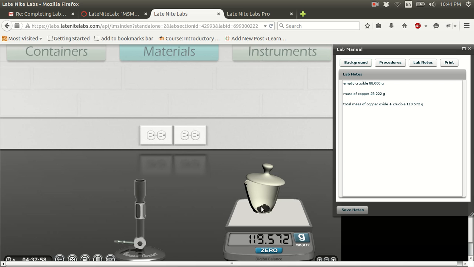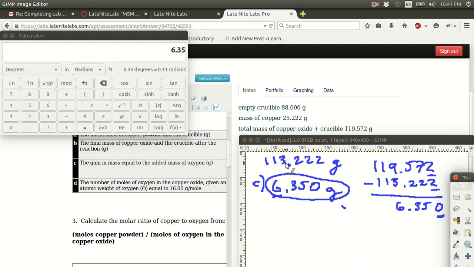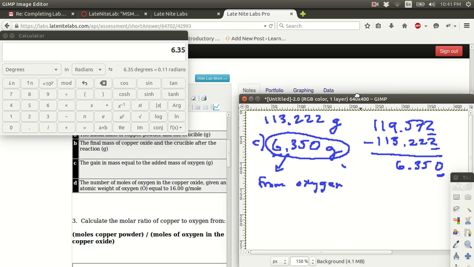So we have 6 more grams in here, all due to presumably oxygen from the air. So back to here. So what does this mean? This means this is from oxygen in the air, that is in that black solid stuff at the bottom of the crucible, and it comes from the air's oxygen.